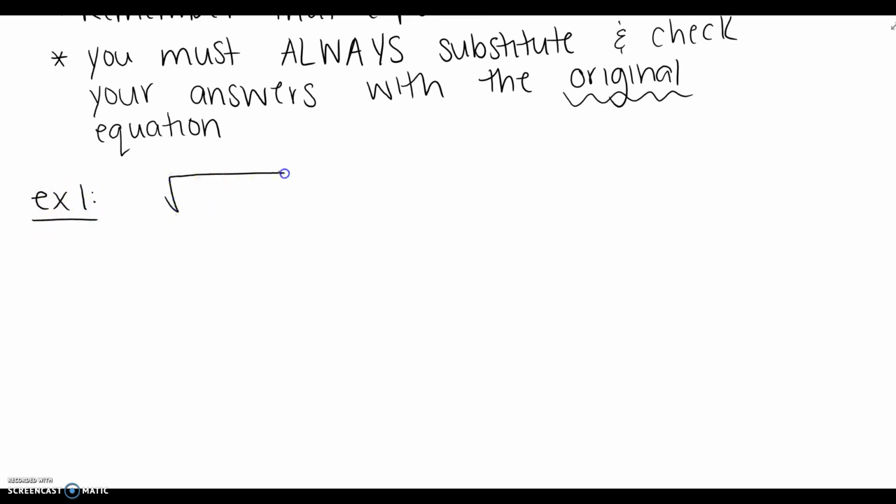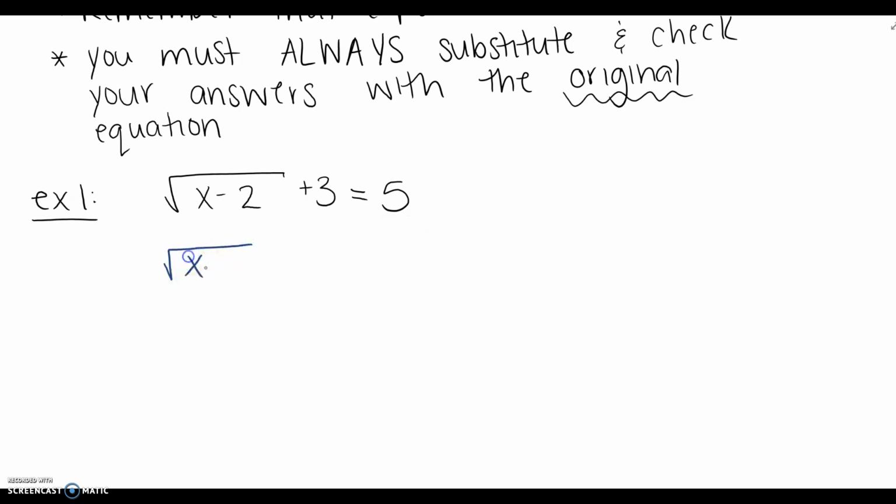Square root of x minus 2 and then plus 3 on the outside equals 5. So, solve this the way you normally do. So we're going to move everything over, so subtract 3.